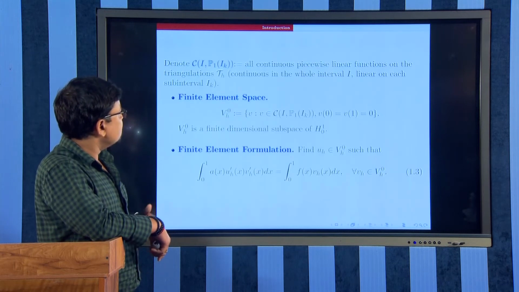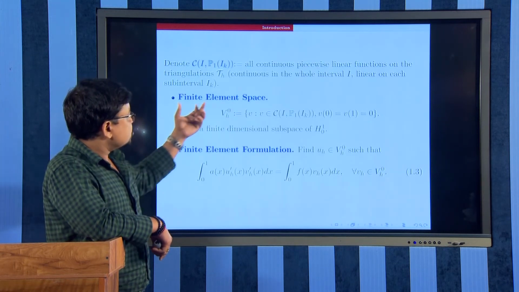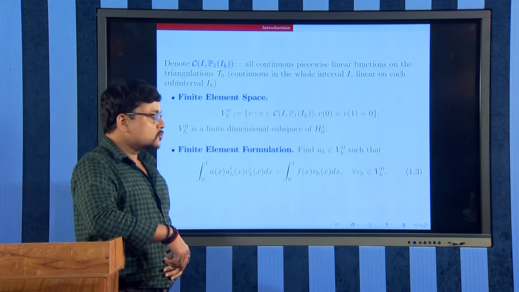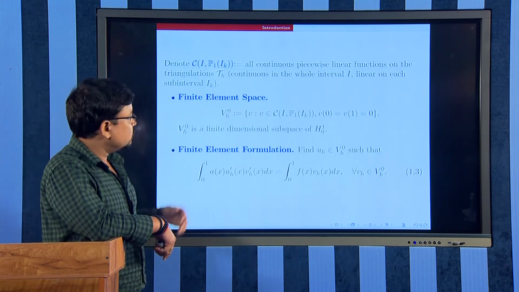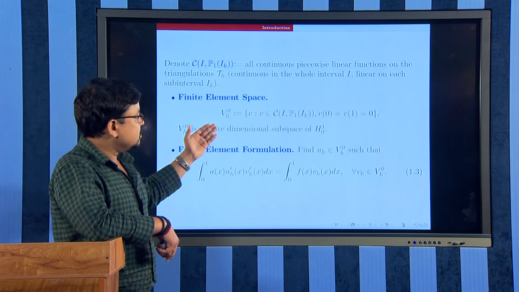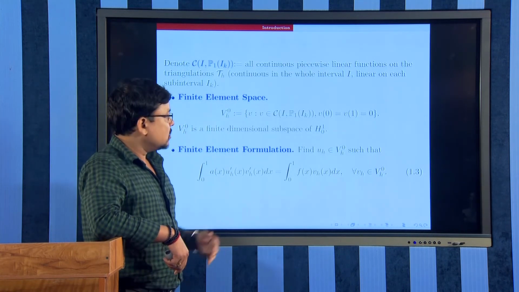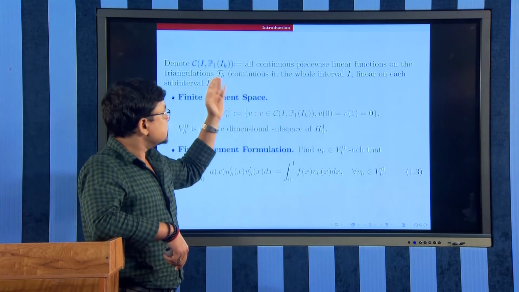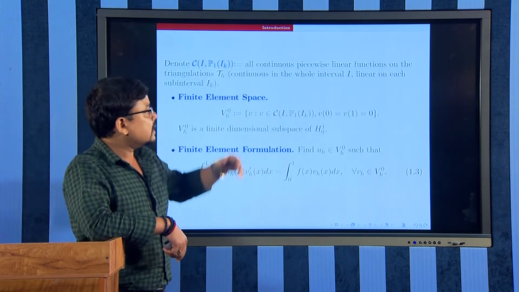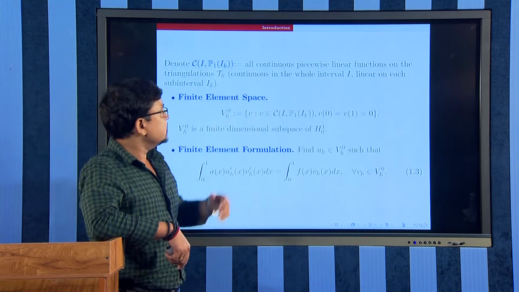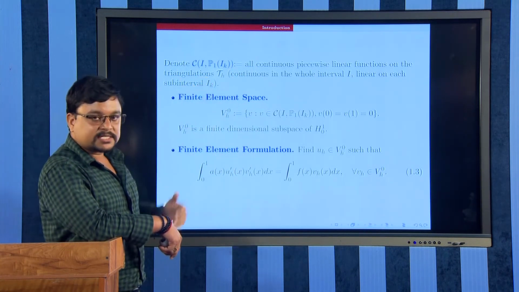With this formulation we construct the finite element space. So what is the finite element space? It is denoted by V_h^0. V_h^0 contains all the functions which are continuous in the interval. C(I) ∩ P1(I_k) denotes all the continuous and piecewise linear functions on the triangulation T_h.